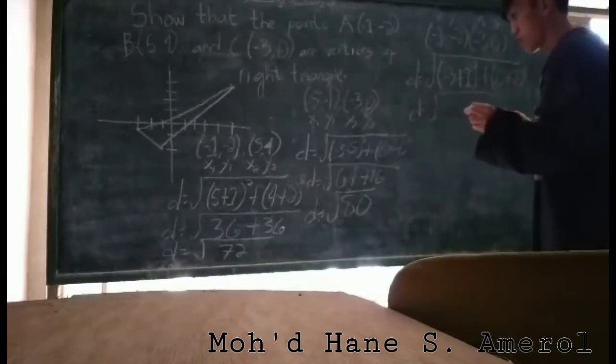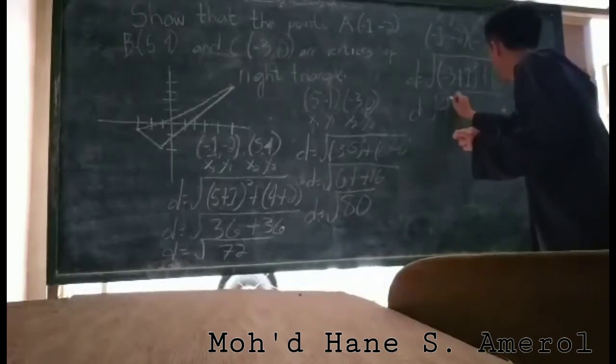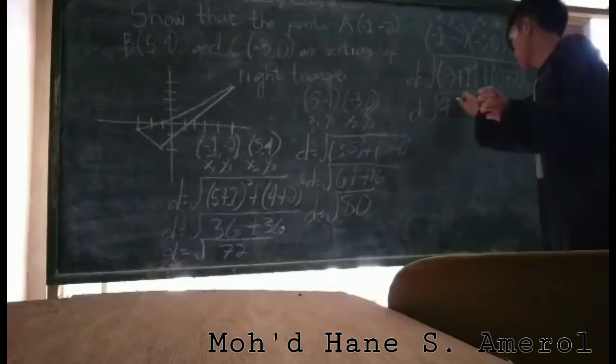Negative 3 plus 1 is equal to 2 squared 4. 0 plus 2 squared equal to 4.